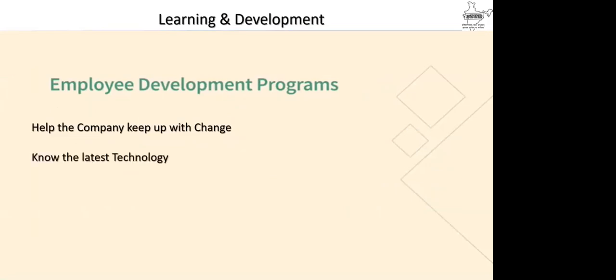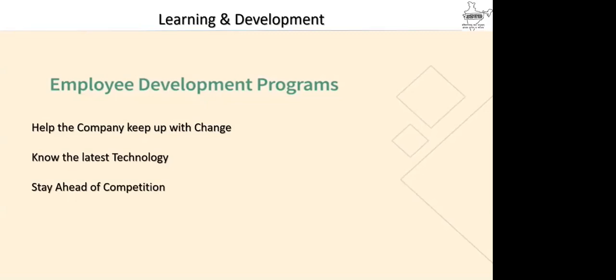Technology is changing regularly, so unless one trains people on new technologies or hires people who know them, the organization would become dated. So L&D helps us keep abreast with the latest technology and stay ahead of competition, needless to say. L&D performs a very critical role, and this is a key pillar of talent management. And again, when we are doing strategy, we will talk more about L&D.